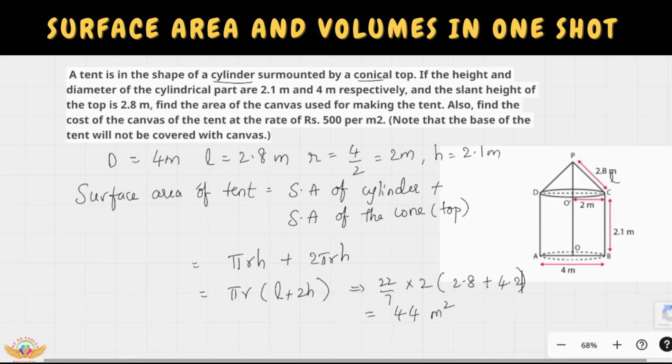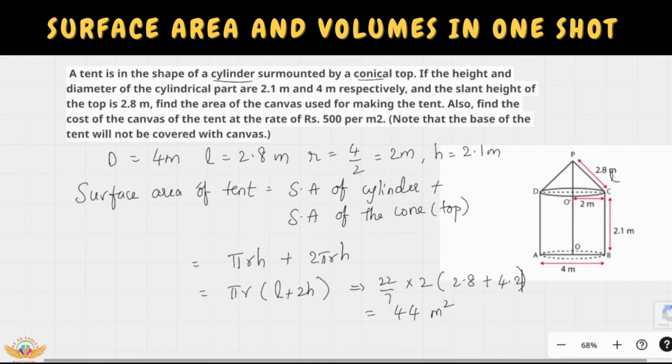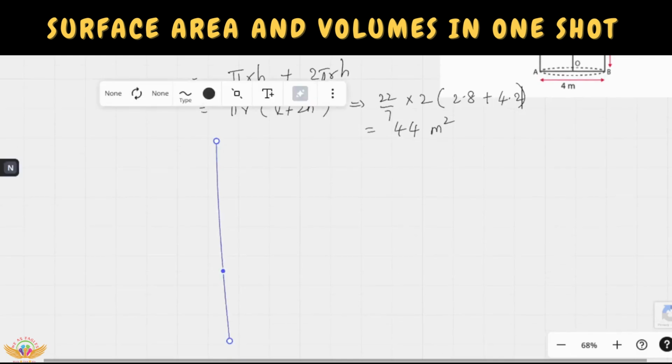Now they want to find the complete cost of the tent, and they told the rate is rupees 500 per meter square.